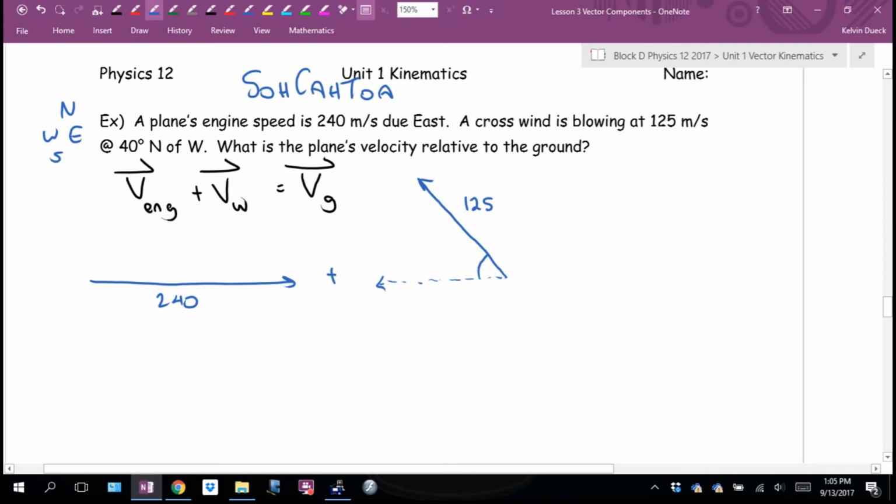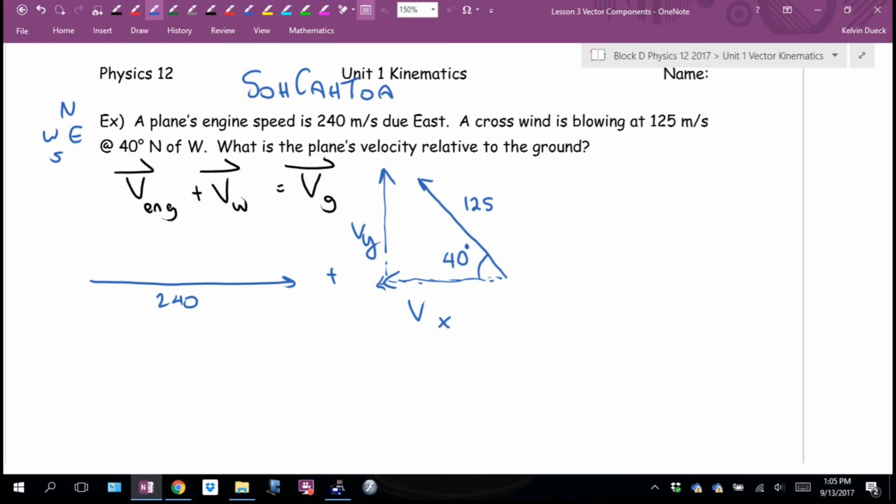Did I say components? How do I know components? Because there's an angle. If you give me an angle, that's a job for components. So I'm going to break this up into Vx and Vy. I'll find Vx, I'll find Vy. Hopefully, oh, you know what?